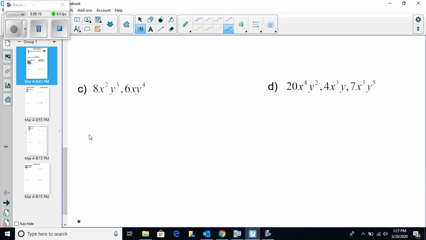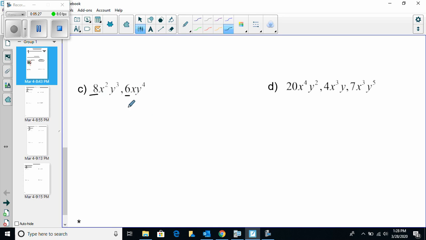Next example is dealing with coefficients and variables. So the rule of thumb here is coefficients with coefficients, like variables with like variables.